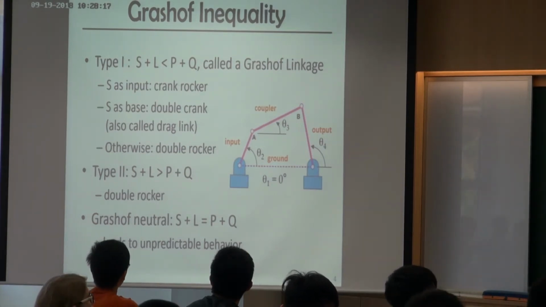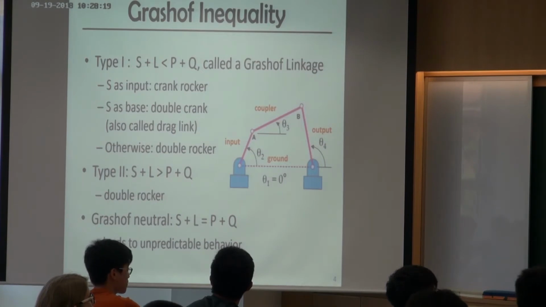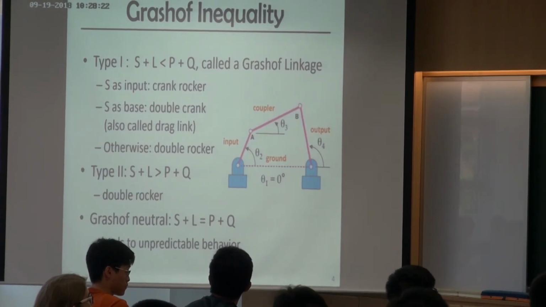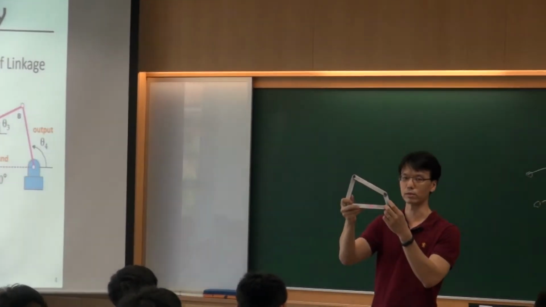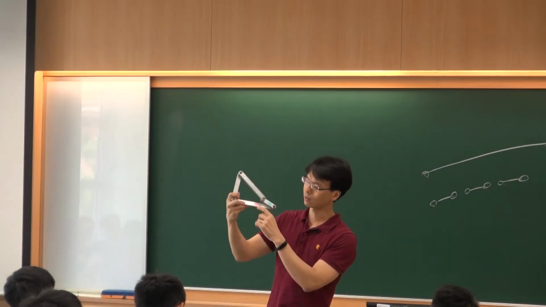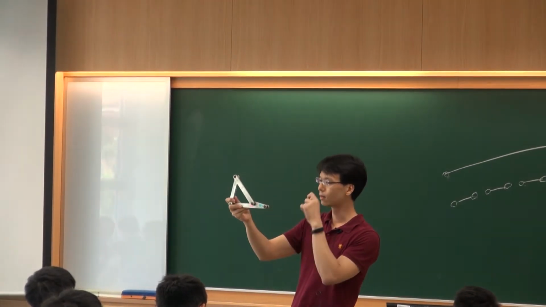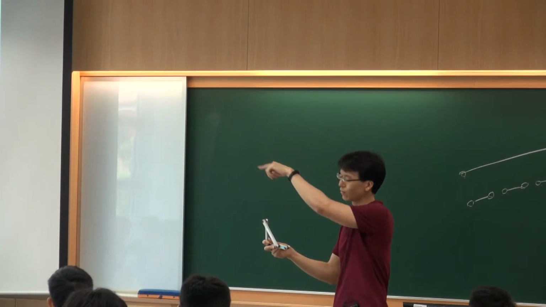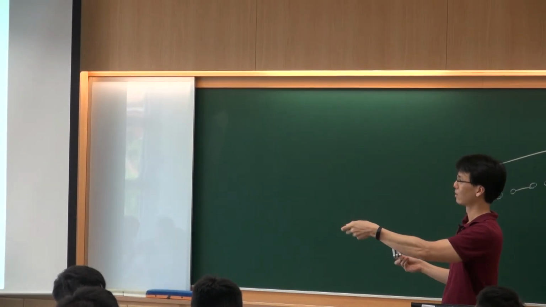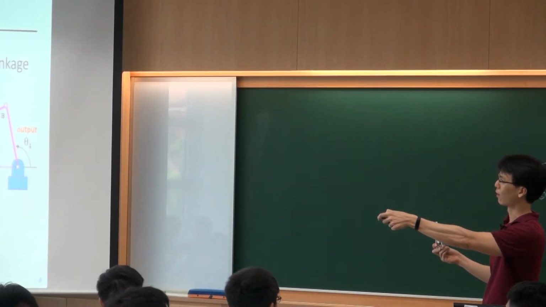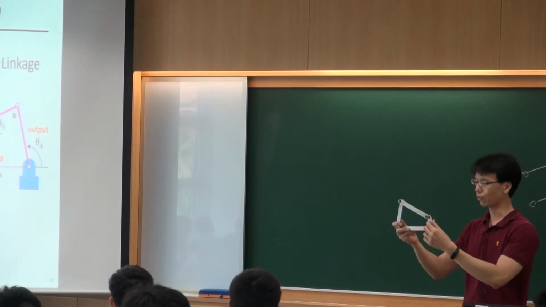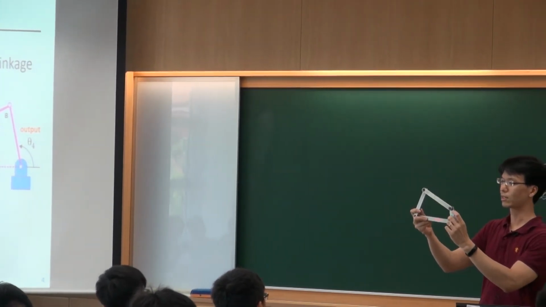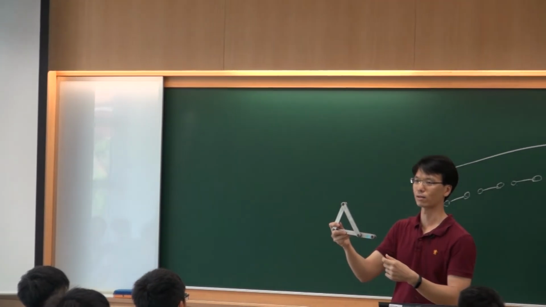So I use this one to demo. Here I label with a blue label. That means this one is the shortest one, and the pink one is the longest one. In the very top case, if I use the shortest one, the S, as the input, then this mechanism will work like a crank rocker.